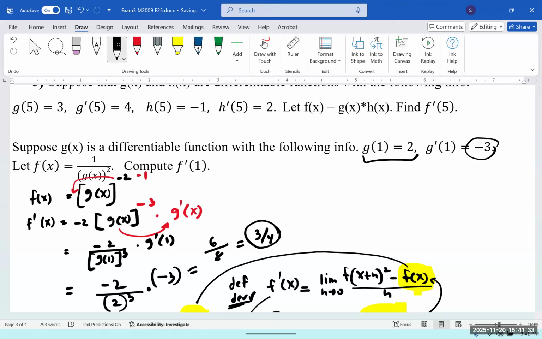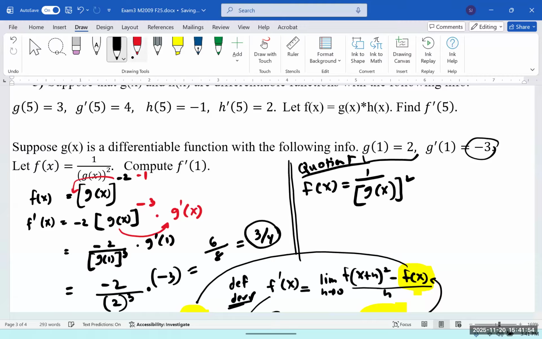And if you use quotient rule, you're supposed to get the same result. For the quotient, we have f of x equals 1 over g of x, whole thing squared. So your numerator is f and the denominator is g.